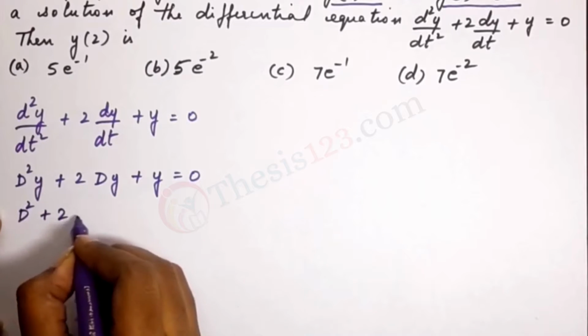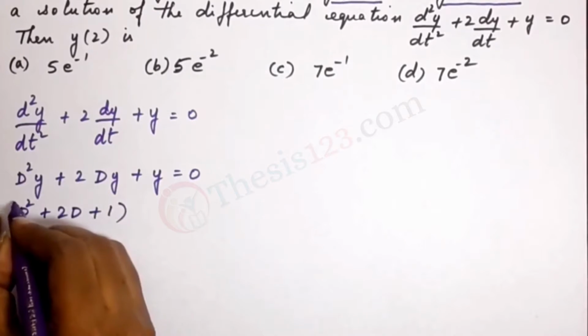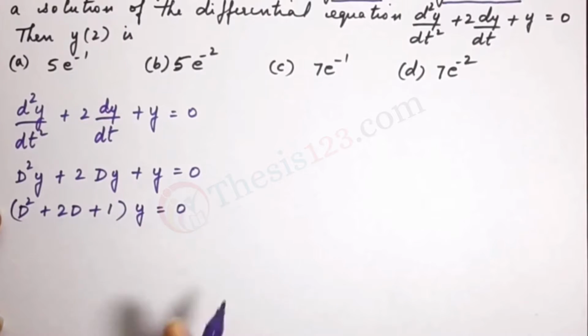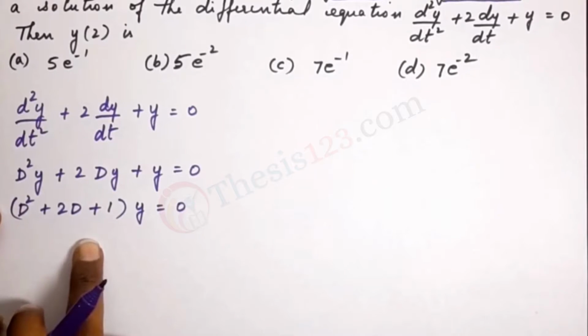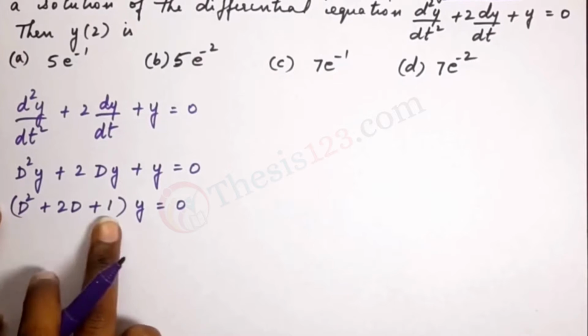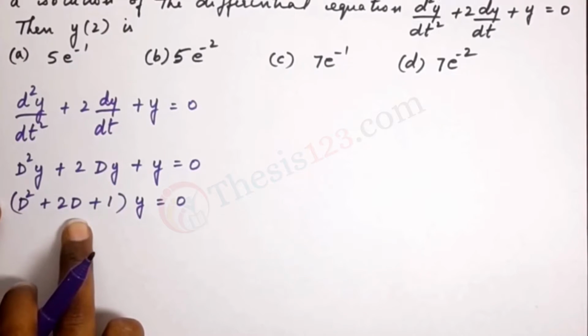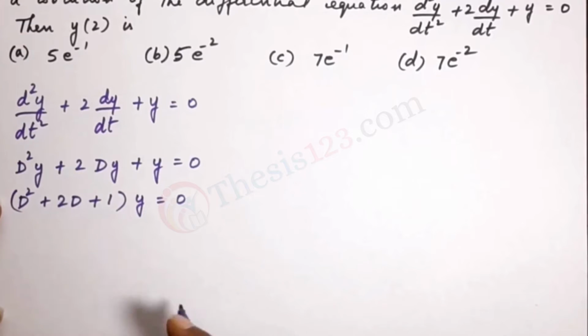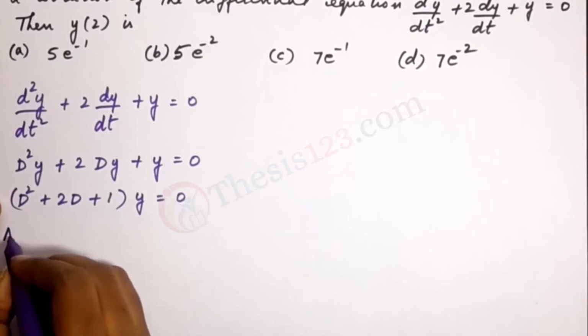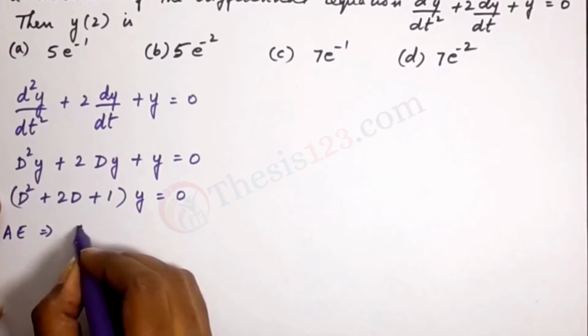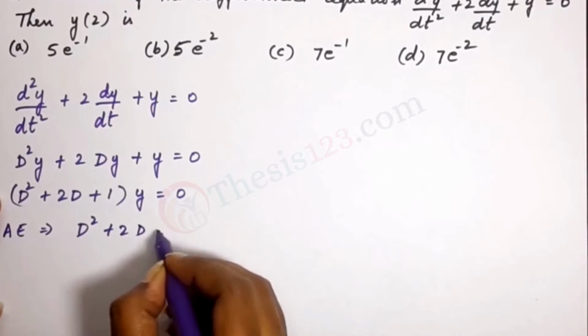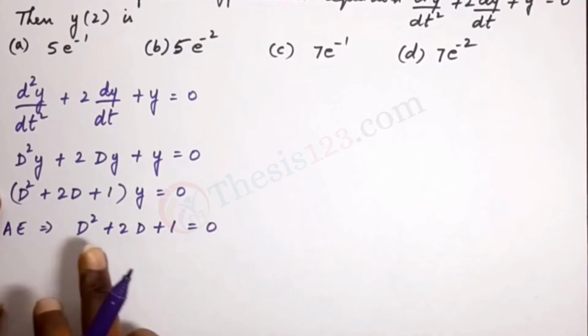D square plus 2D plus 1 times y is equal to 0. The equation within the brackets is called the auxiliary equation. So we take the auxiliary equation and equate it to 0. That's D square plus 2D plus 1 is equal to 0.